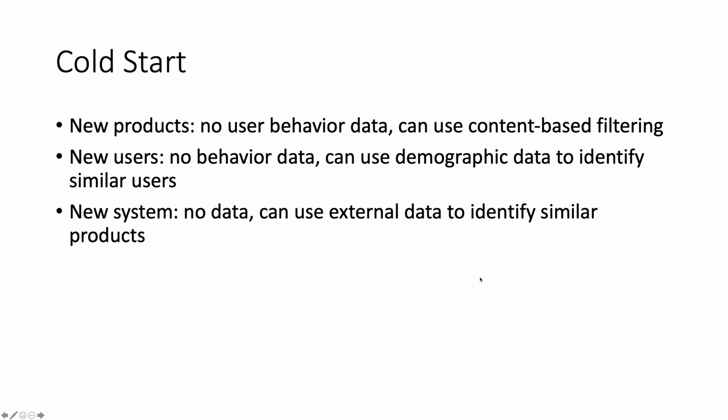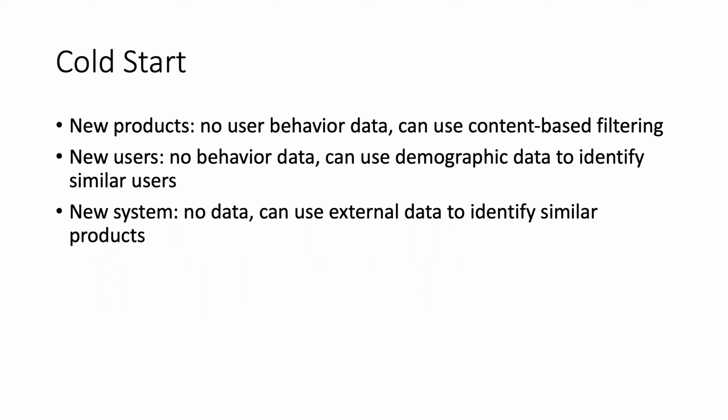All right, so this is a very important issue we'd like to discuss here, cold start. Cold start means, when in winter you try to start the engine of your car, you can't start because it's too cold outside. Here the cold means we don't have the data to support your algorithm.